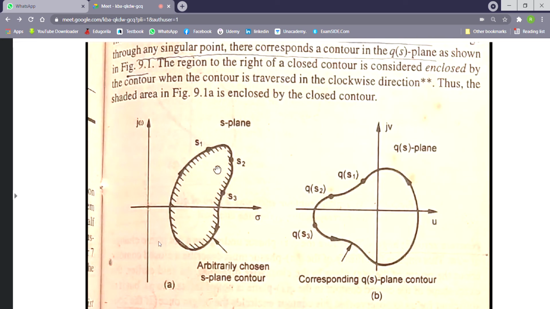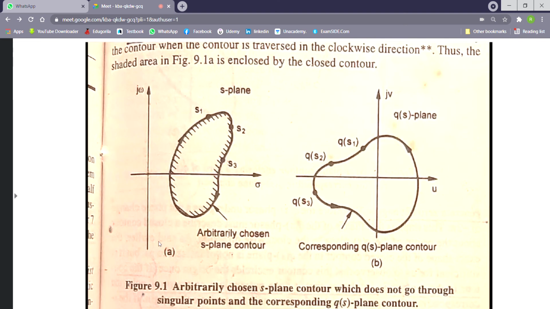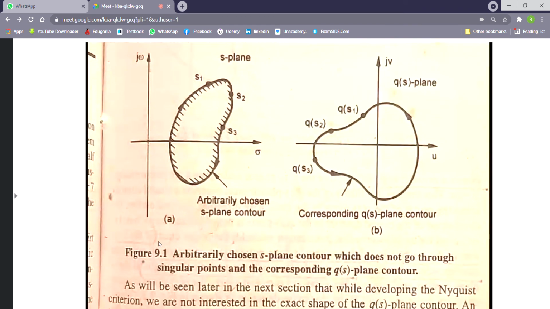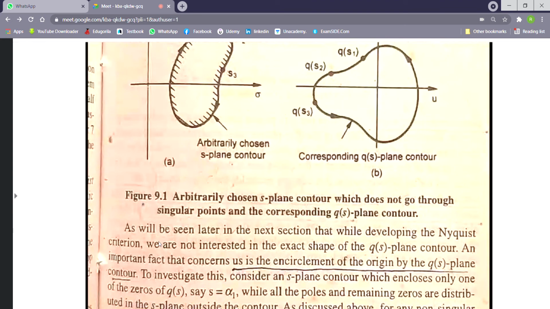Yes. Hence, the region lying to the right of the contour while traversing in the clockwise direction is said to be enclosed by this closed contour. So this is the region being enclosed. Now is it clear? Yes, ma'am, clear.